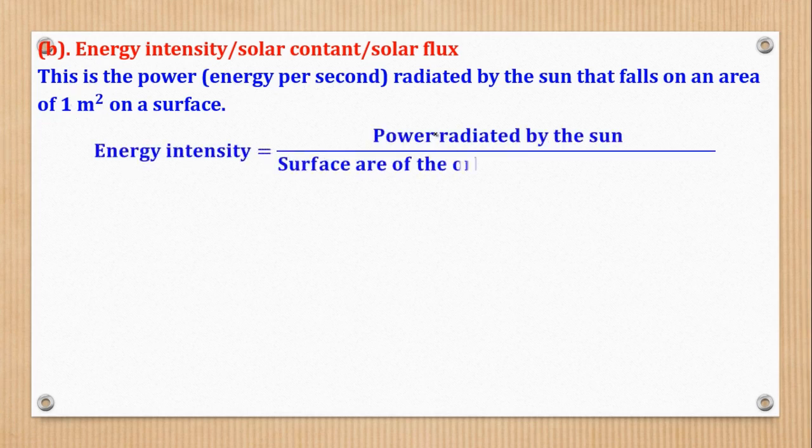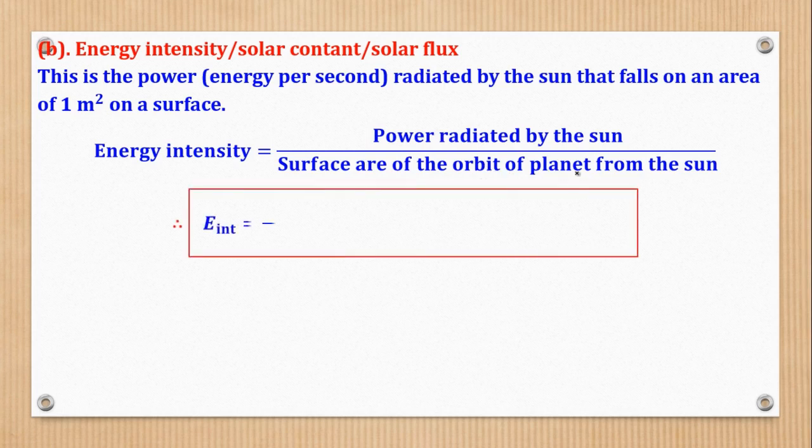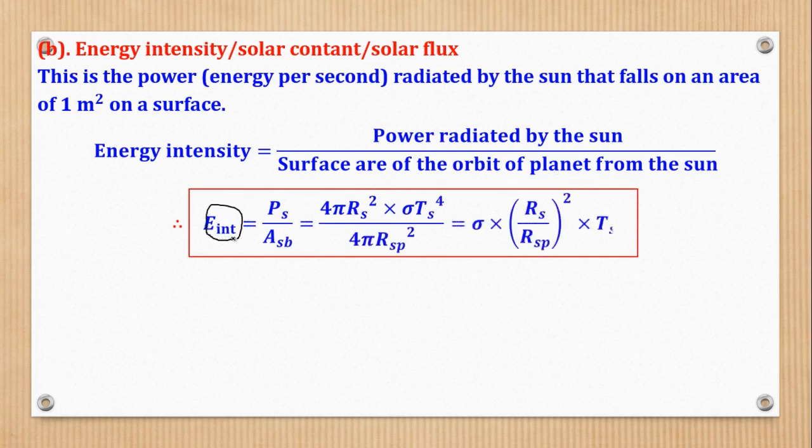Therefore, energy intensity is equal to power radiated by the sun divided by surface area of the orbit of the planet around the sun. Therefore, E int, the short form for energy intensity, is equal to PS over ASP. So this should be P to mean planet. PS, we already saw this formula, and ASP, we already saw that formula.